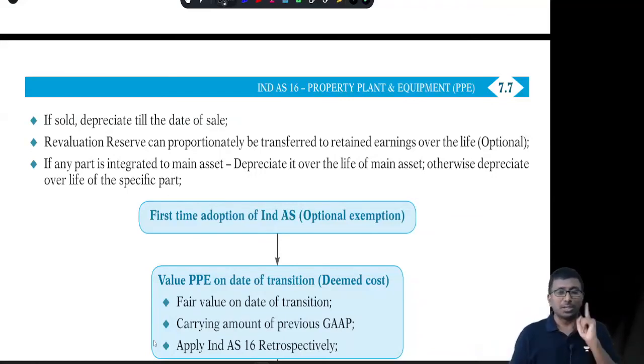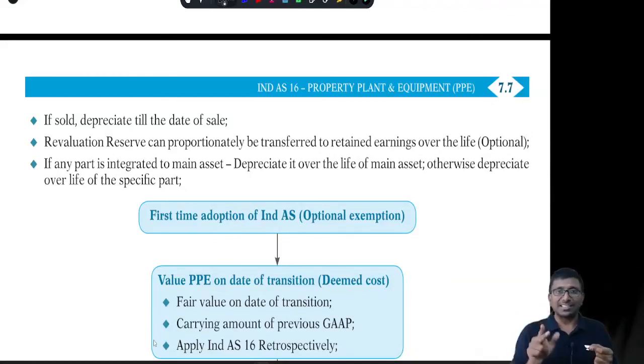But you have an optional accounting treatment. The excess depreciation which is taking place every year because of the revaluation can be transferred from revaluation reserve to retained earnings every year. See, normally depreciation is 100 rupees. Because of the revaluation, now it is becoming 139 rupees.